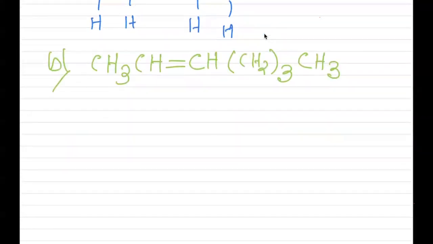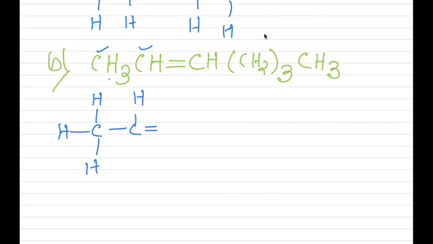So how? First, this carbon is bonded with this carbon, so obviously a single bond. This carbon is bonded with 3 hydrogen. This carbon is bonded with 1 hydrogen because a double bond is formed by this carbon.